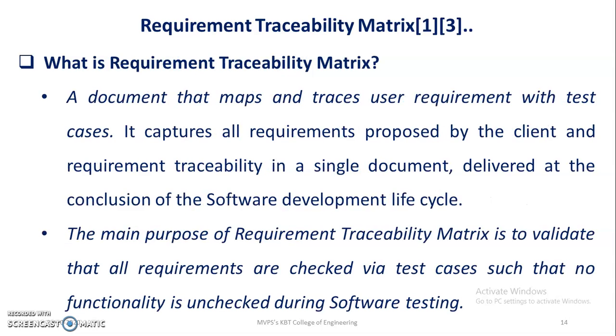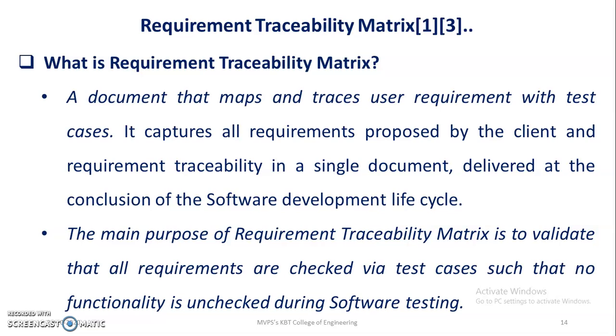Next one, that is the requirement traceability matrix. What is the requirement traceability matrix? That is RTM. Again, it is a document that maps and traces user requirements with the test cases. It captures all requirements proposed by the clients, and the requirement traceability is in a single document delivered at the conclusion of the software development life cycle.